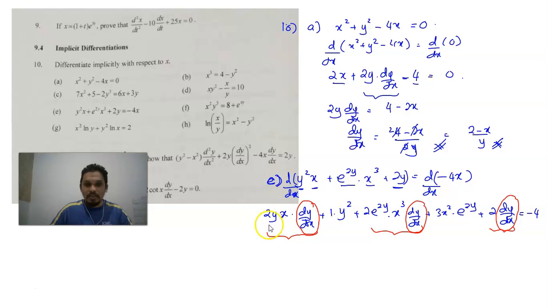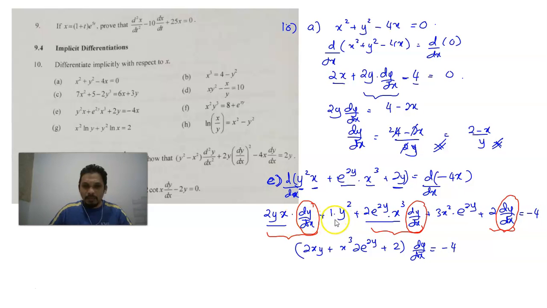So it is 2xy plus x cubed 2e to the power of 2y plus 2, all multiplied by dy/dx, equals negative 4.